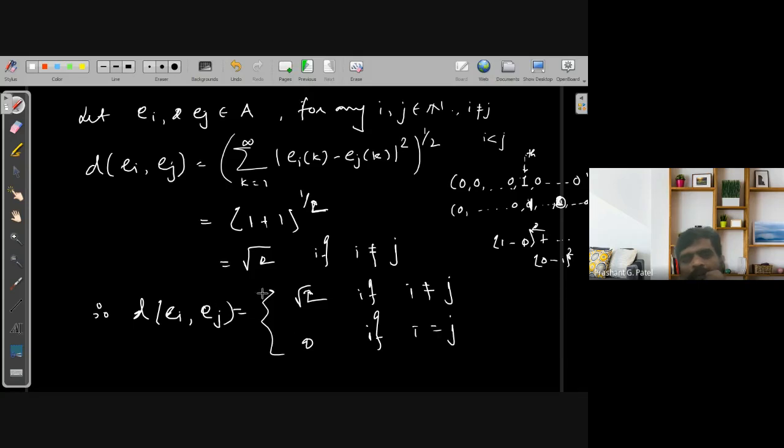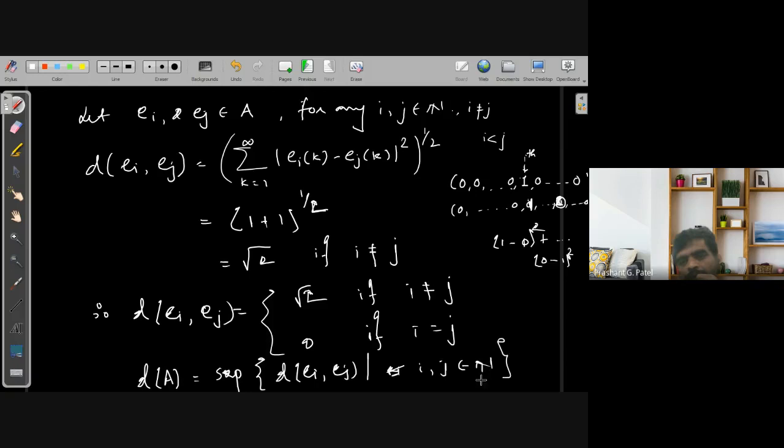So we can say that the diameter of this A will be the supremum of the distances between e_i and e_j, where e_i and e_j for every i and j belong to N. What is e_i, e_j?